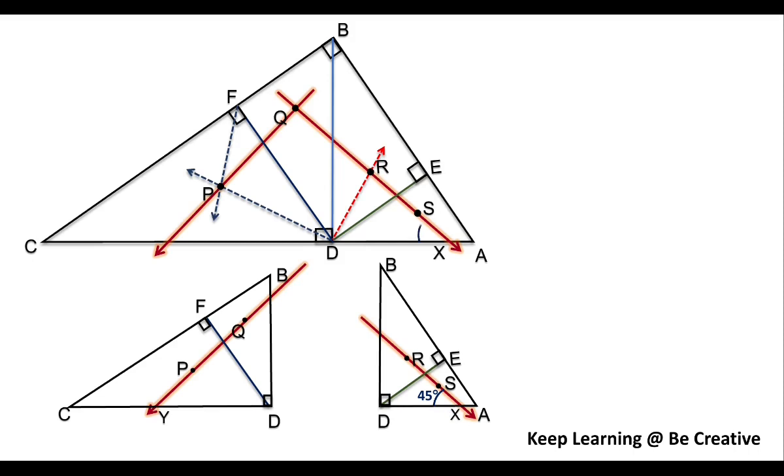So if you mark this in the above diagram, we have this angle as 45 degrees. Now also we will have angle QYD as 45 degrees with the help of the previous concept. So we can mark QYD as 45 degrees in this diagram.